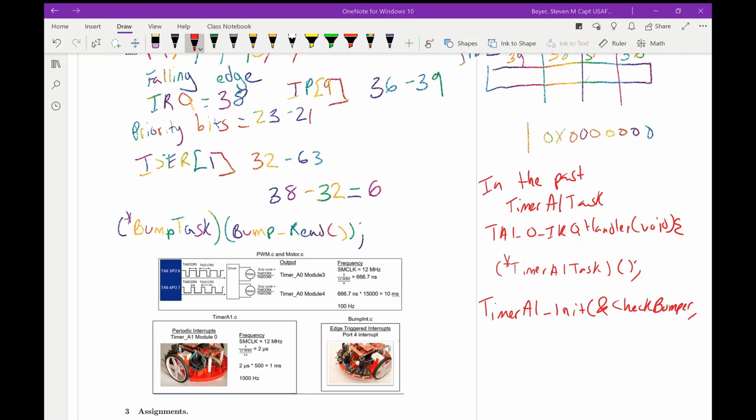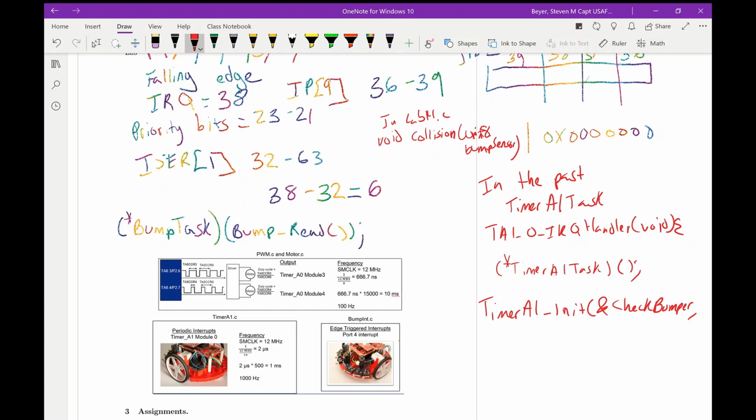And if we looked at bump task in our lab 14 edge, our bump task is going to be the collision. So let's see, in lab 14.c, we have void collision, and that's going to bring in an unsigned integer 8-bit bump sensor, which is going to be the value of our bumps.